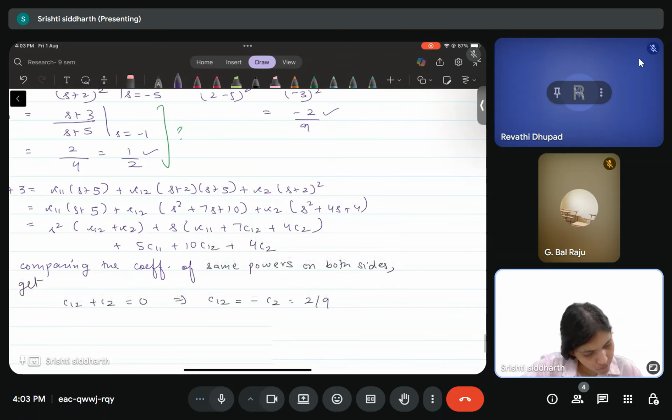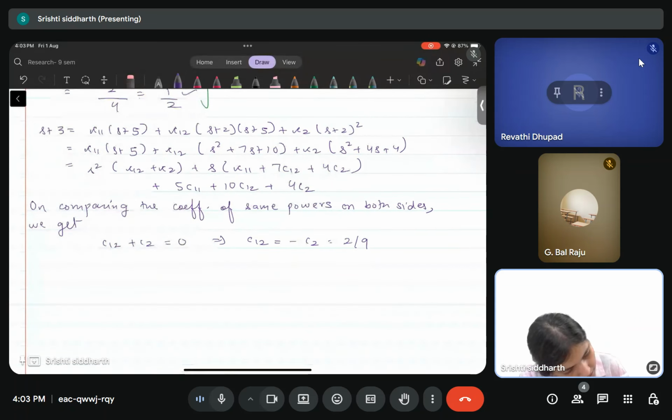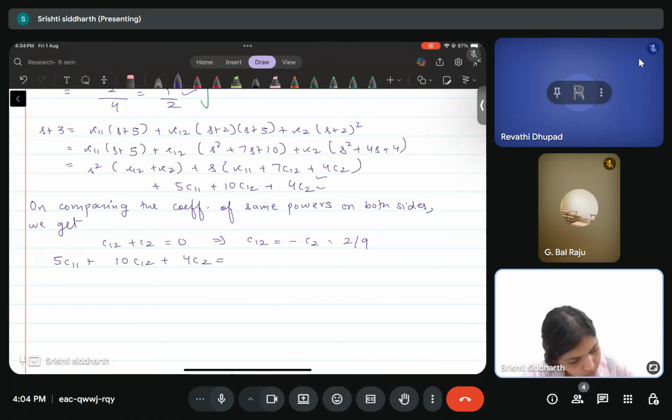Alright, so now we have to find C11. We can compare, because it's just one thing. Compare this with this. So let's say 5C11 plus 10C12 plus 4C2 equals 3. So 5C11 equals, let's substitute the values.